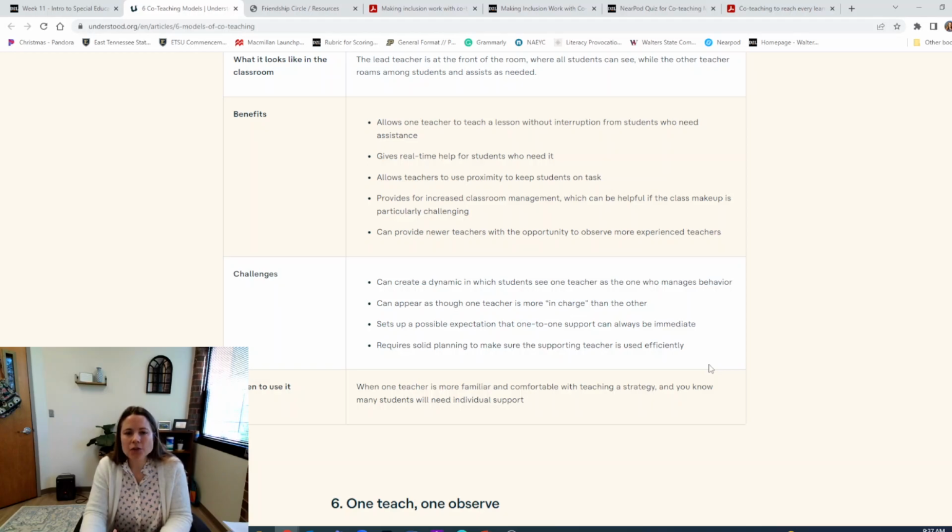So the dynamic you create is important, and you're modeling that to the students, right? If you're the one that's always teaching, and the person you're working with is always observing or managing behavior, students might start to see the teacher that manages behavior as the sole teacher and not the other one.